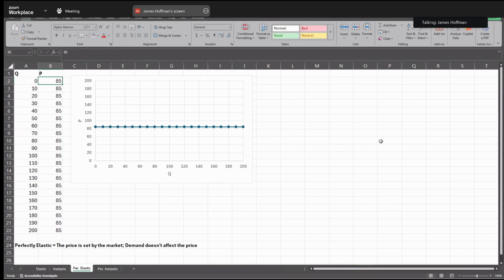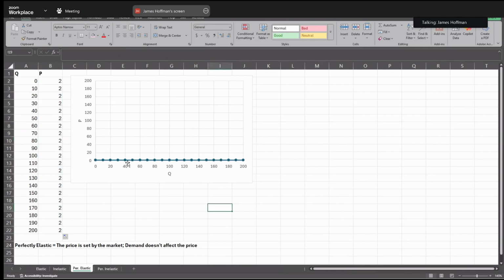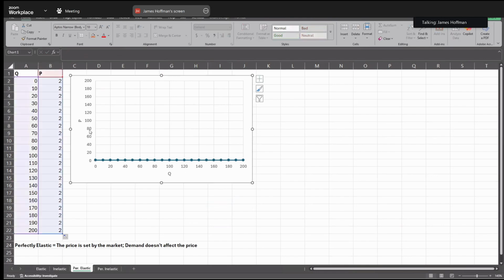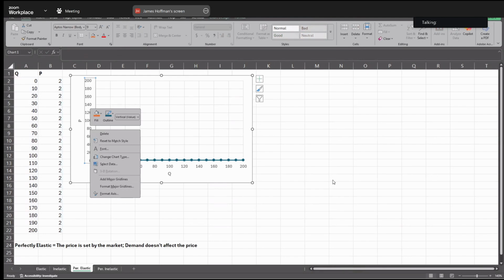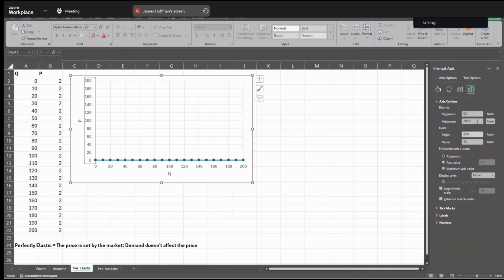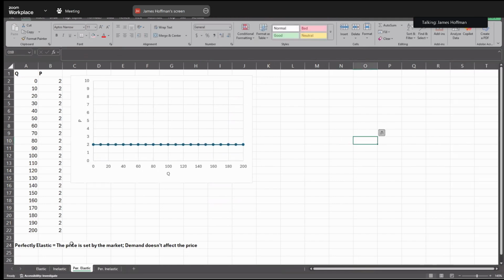If I made this like $2. Okay, and let me just adjust the scale. Max is... there we go.